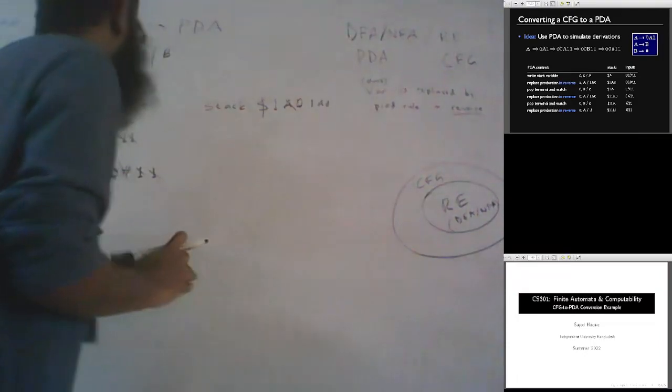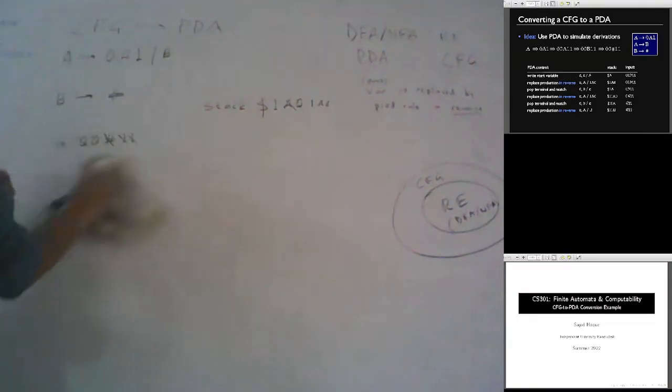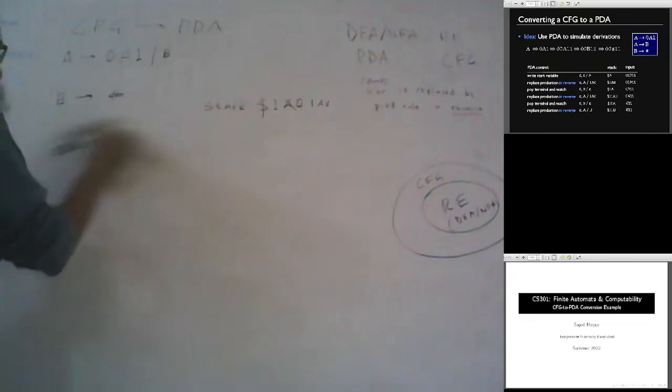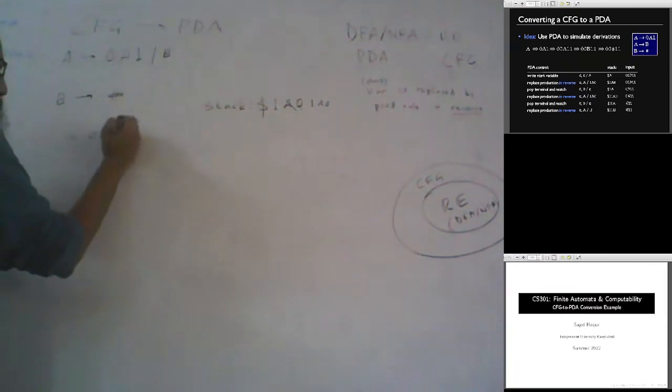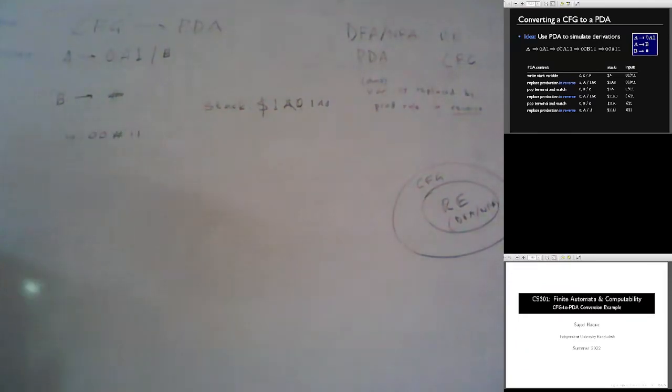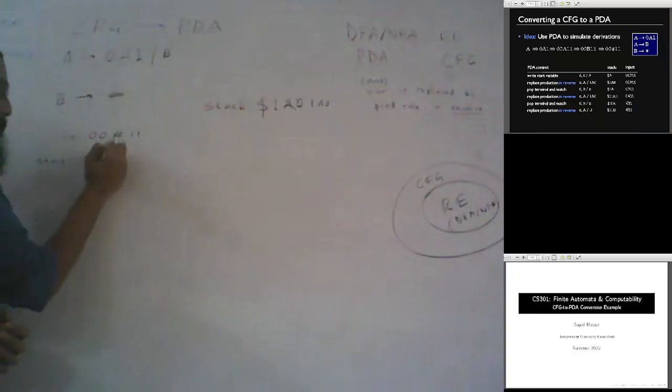So actually, let's look at it in a longer way. What we really want is, we have some input, 0, 0, hashtag, 1, 1. And I'm not going to draw the PDA yet, because the PDA is a little big. But what we ideally want is, we have the stack, we push the bottom as usual, and then we also push the start variable, because the input has to be something produced by the start variable.